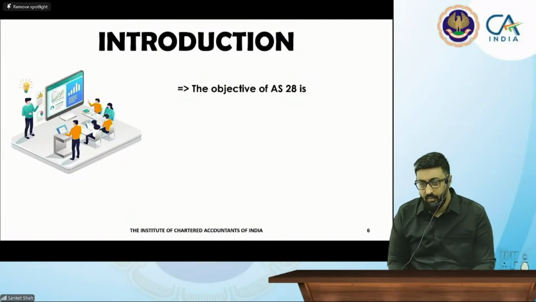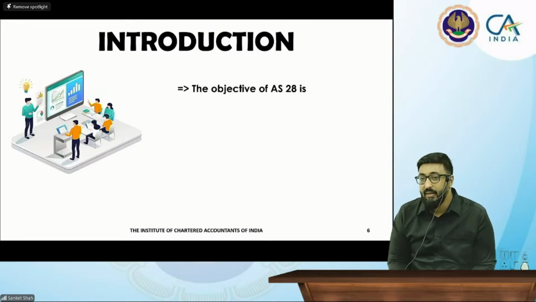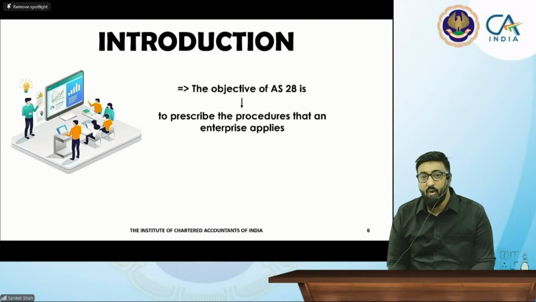Simple. And if your recoverable amount is higher, then is there any impairment? No, sir. It should be lower than the carrying amount. If it is higher than the carrying amount, there is no impairment. Okay, ठीक है. Thank you. What is the objective? Yes, read it.